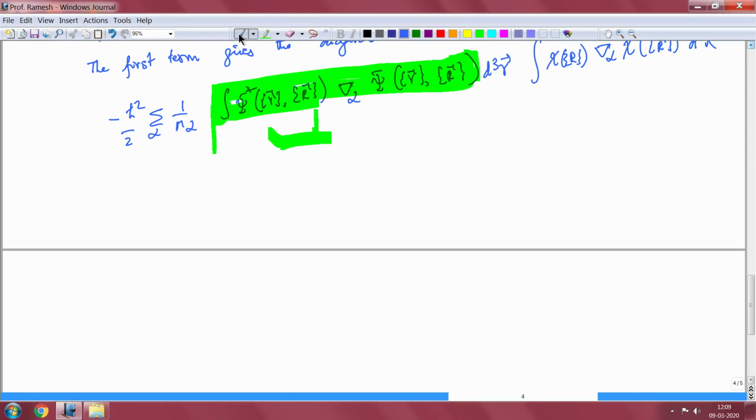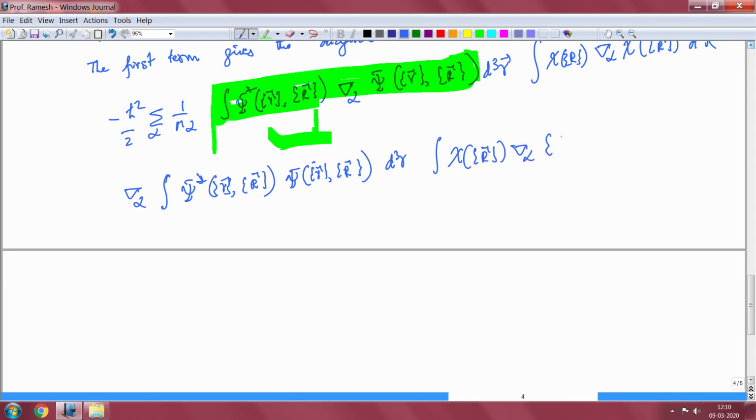This can actually be written as del alpha times integral psi star r comma R psi of r comma R d cubed r, times integral chi star of R del alpha chi of R d cubed R. What you find is that this first integral is actually the number of electrons in the system.